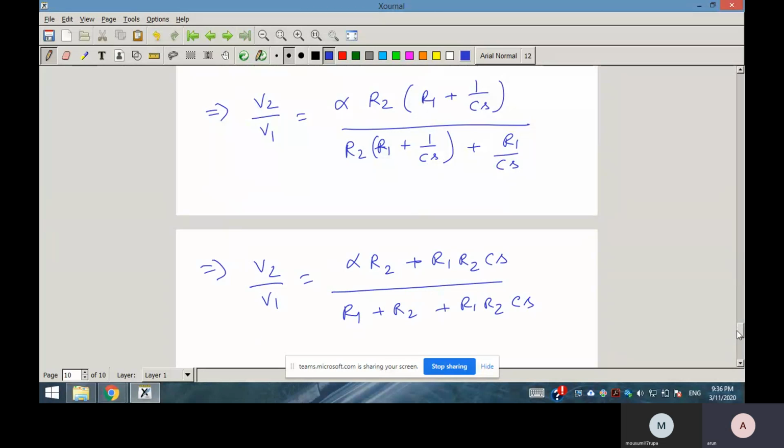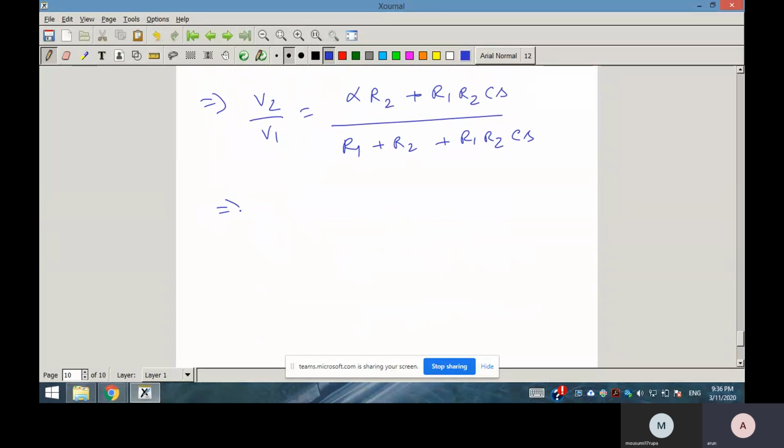Actually, I want to show that it is in the form of a lead controller transfer function, V2(S) by V1(S).